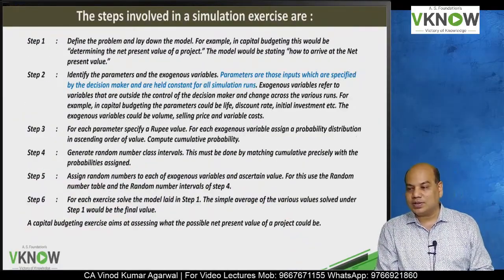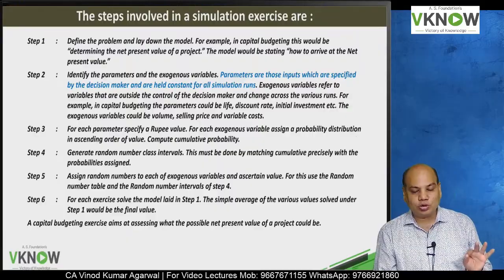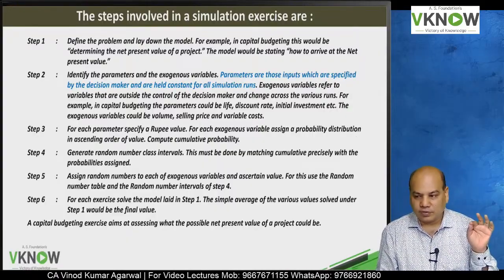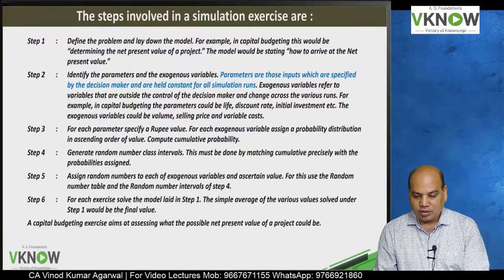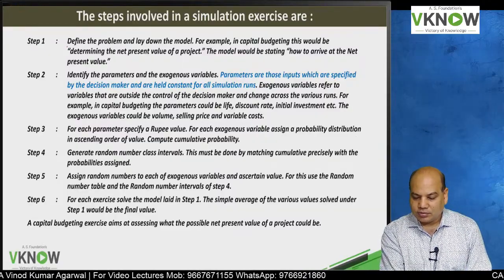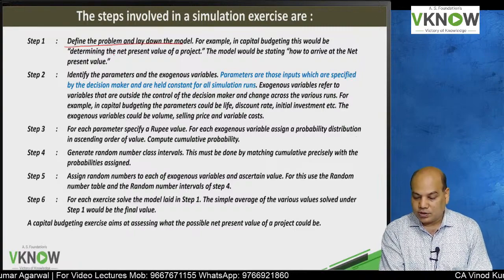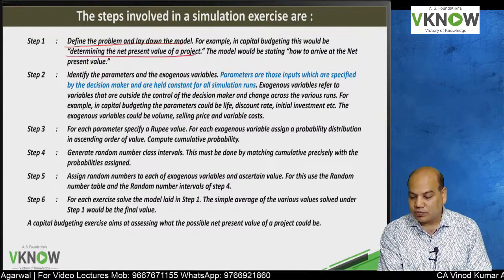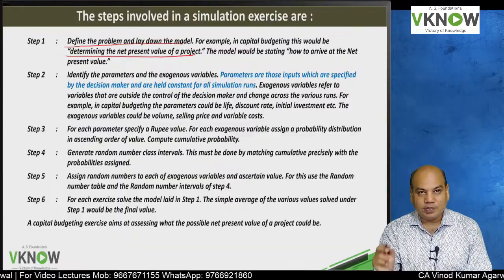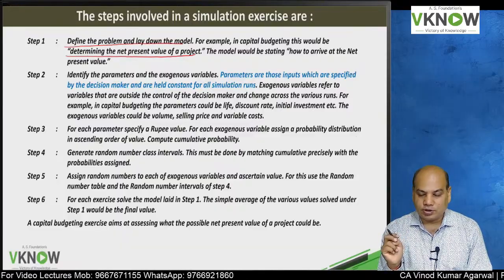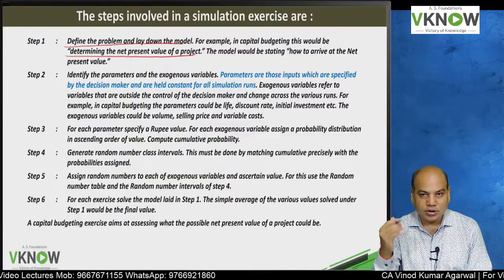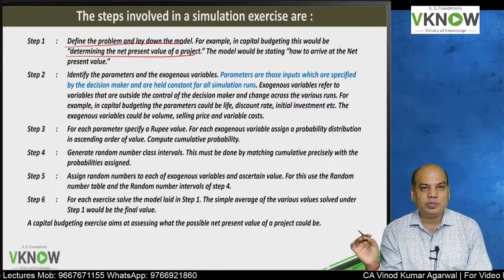To keep the story simple, because our objective is only understanding a problem of capital budgeting, we will first define the model. In our case, the model will always be the calculation of NPV of the project. Depending upon the data given in the question, you have to design how NPV will be arrived at.